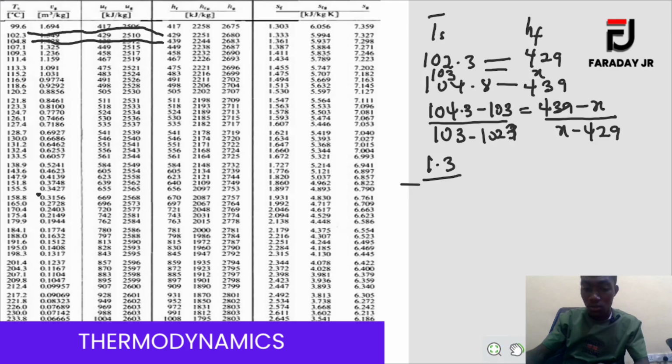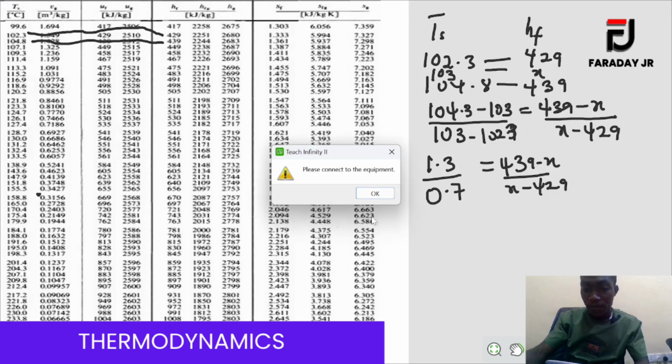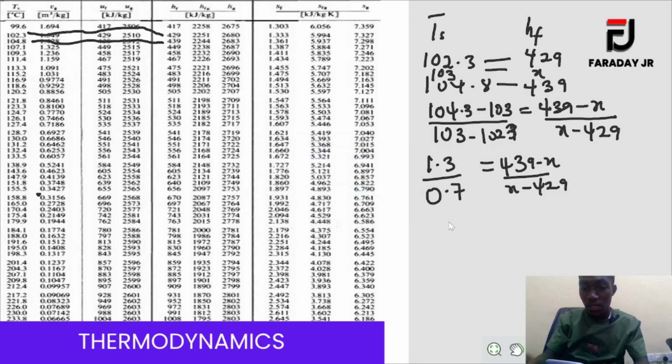So we have 1.3 on 0.7, which is equal to 439 minus x on x minus 429. We divide this by this, so you have 1.3 divided by 0.7.